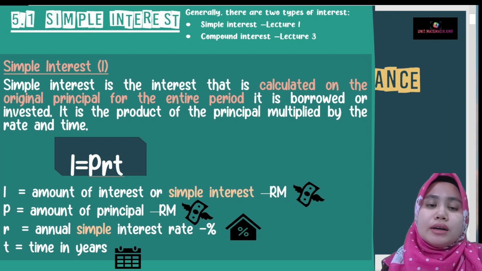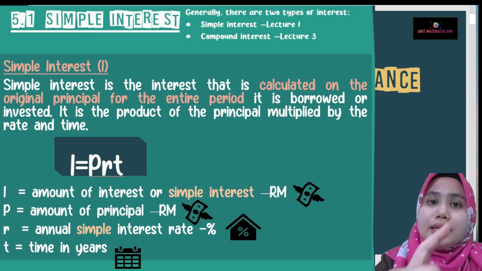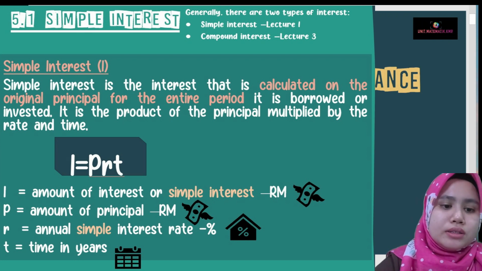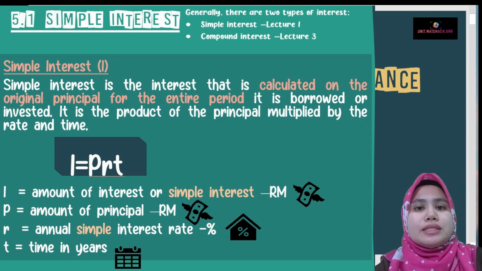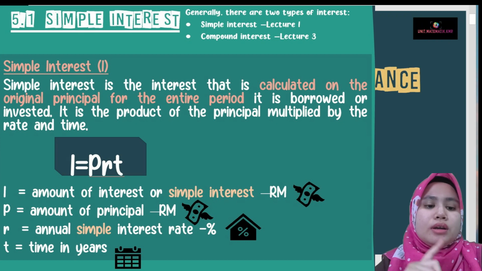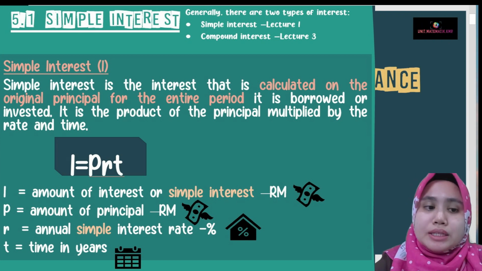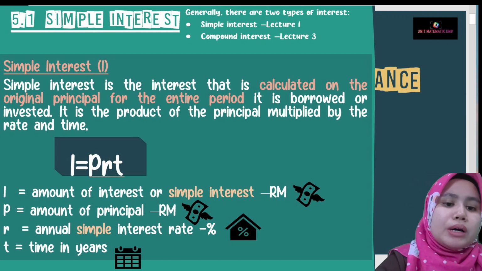Small r is our annual simple interest rate. The simple interest rate is a percentage, but simple interest is an amount.